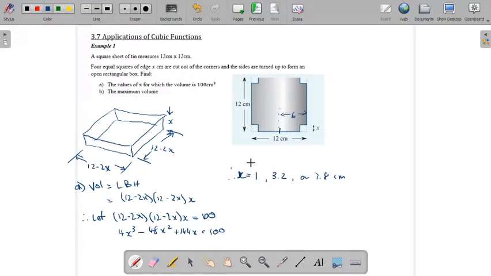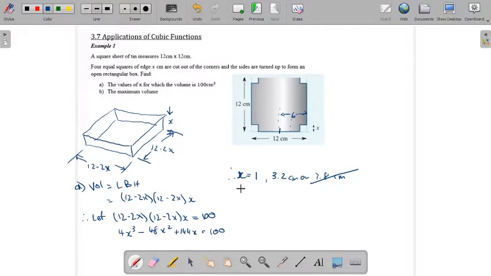So if we've got a value of 1 on each side, that's going to work. If it's going to be a value of 3.2, then that's going to work. But 7.8 takes us over halfway. So really what we need to do is think practically about it, and we can see that that value must be rejected because it's not going to work. So these are our possible values for x, 1 centimetre or 3.2 centimetres.